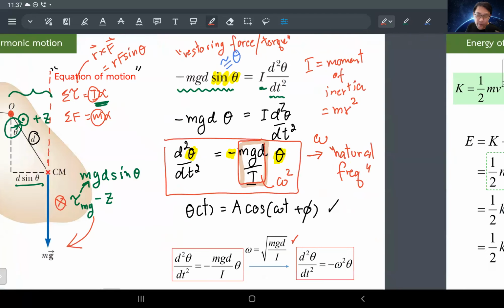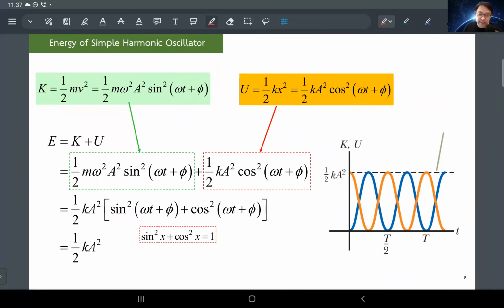Okay, cool. So it seems like I'm done with describing the motion that is oscillating. We name it simple harmonic motion, and it's sinusoidal in nature because it has to have a periodic movement. So at the end, because you know the displacement, you know the velocity at any time, there's no doubt I can ask you about the energy. Well, hey guys, what is the energy during this oscillation?